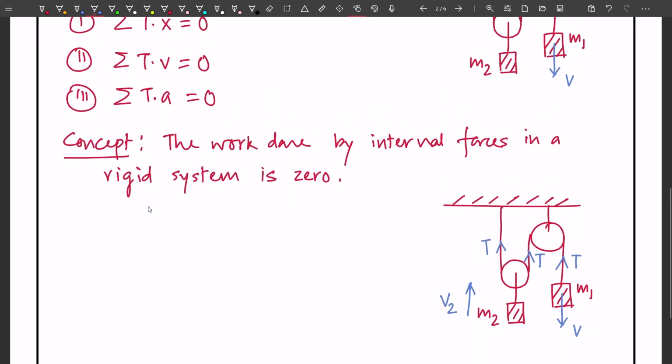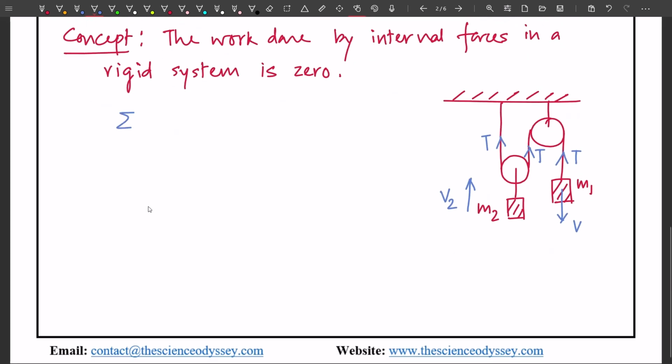Now we can apply the second relation that we have, summation of T dot V is equal to 0. So we can write, for the first mass, the tension is T, the velocity is V, so T dot V will be TV cos 180 degree, so negative. For the second mass, the total tension acting on the second mass is 2T, and the velocity is V2, so 2T dot V2.